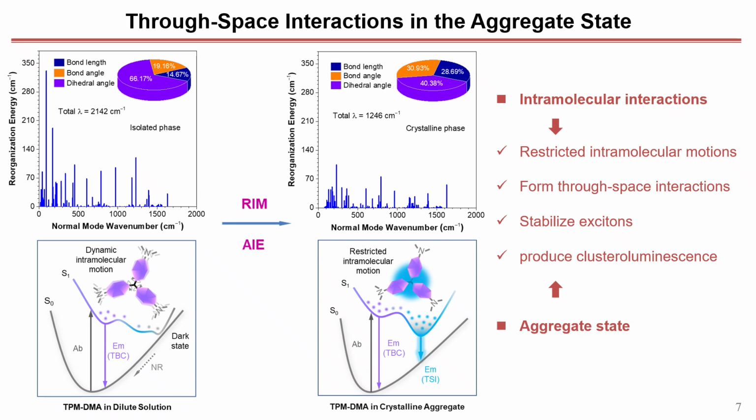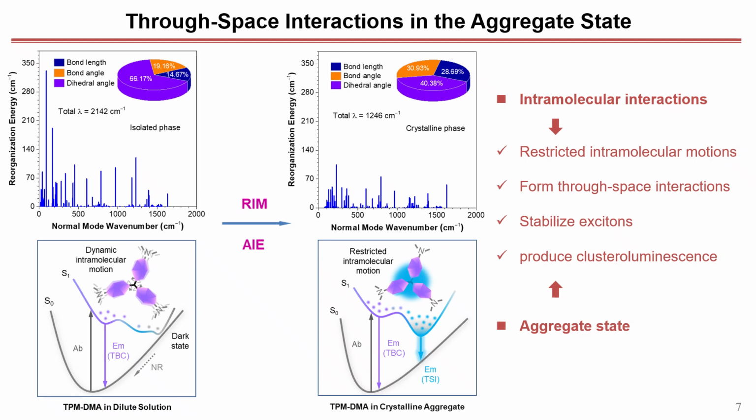To understand the working mechanism, we calculated the reorganization energy and compared molecular motions in different environments. In the solution phase, intramolecular motions are very strong. Therefore, some excitons can decay through the through-bond conjugation-based radiative decay channel to produce the short wavelength emission. However, the unstable through-space interaction immediately evolves into a dark state due to the dynamic molecular motions.